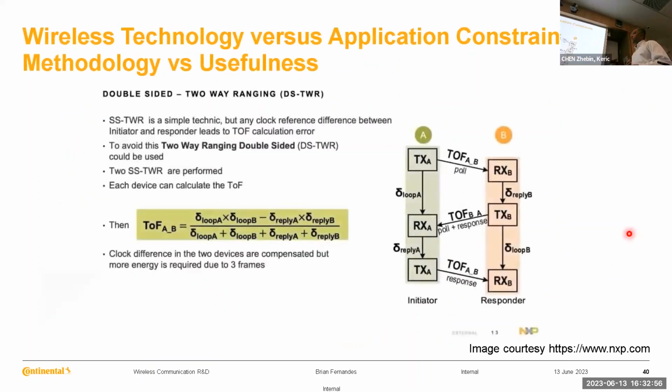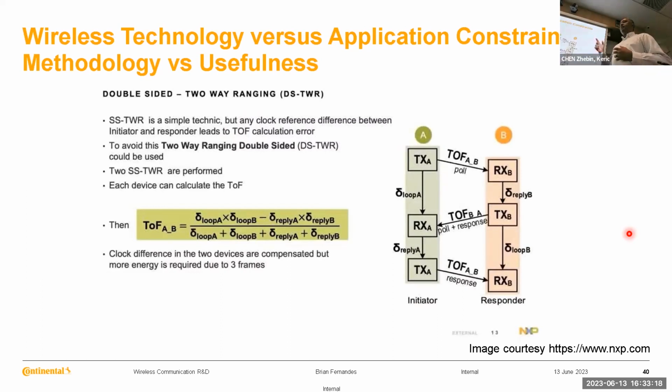Another aspect to consider when trading off constraints is the methodology that we are using for the particular function and its usefulness to us. So for example, in this case, you're talking about two-way ranging using ultra-wideband, where the clock information is transferred from unit A to B, and we know the time of transmission.